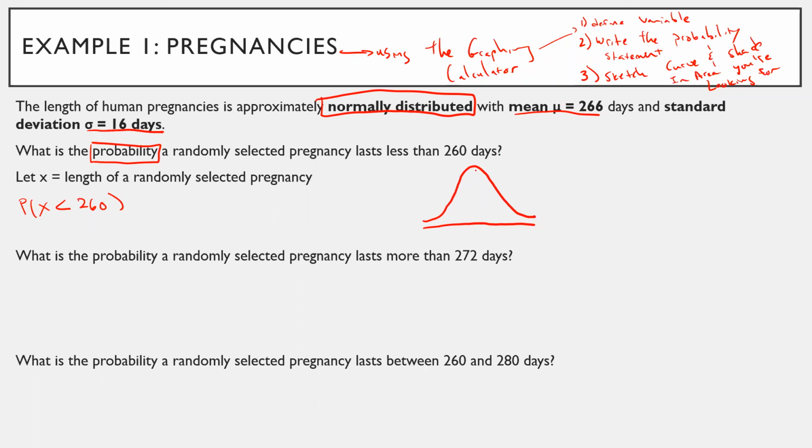The average one is 266 days, and I just want to find the probability that this pregnancy is less than 260 days. So here's 260, and since I want less than, I'm going to shade to the left. Once you do that, the fourth thing you're going to do is use the normalcdf in the calculator.